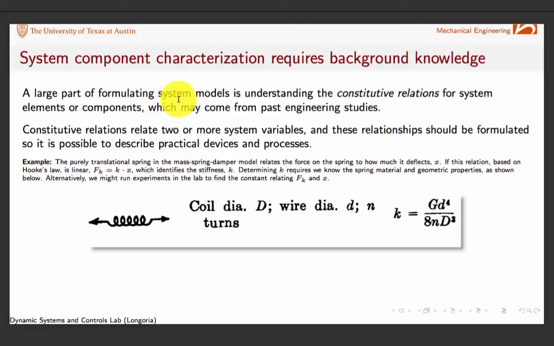So one of the things that we also have an opportunity to do in 144L is study constitutive behavior of components of system models, and that's what we'd like to do in the lab, show you examples of how easy or difficult it might be to do that.